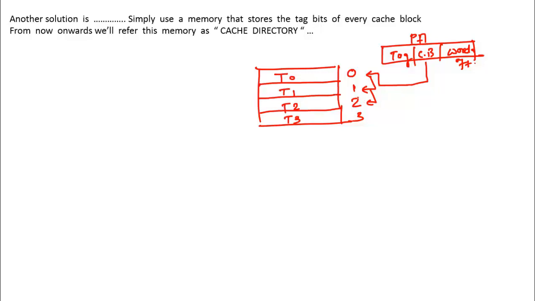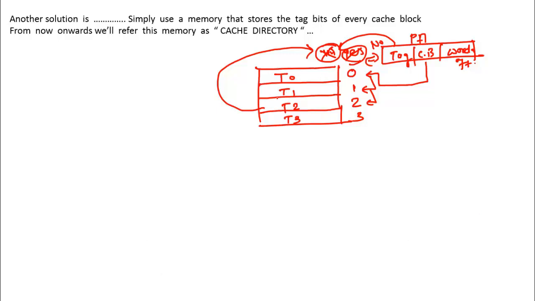So yes, the cache block is 2, and then we will compare the tag bit of that address with the tag bit stored in the memory. If it is a hit, then yes, we do have that word in our cache memory, and if it is a miss, then no, we don't have. Okay, that's how the cache directory works.